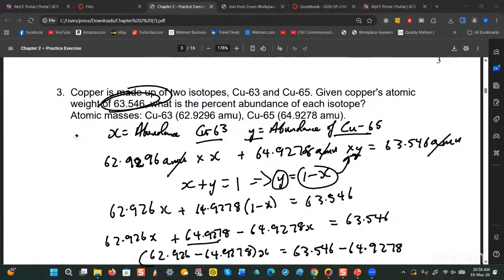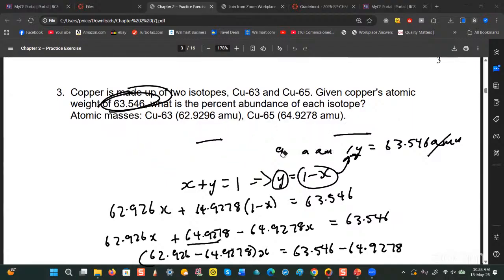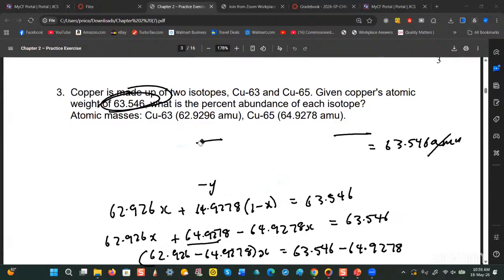So let me erase up here and do the calculation for this part. Oh shoot, I made a mistake. This should be 62.9296.